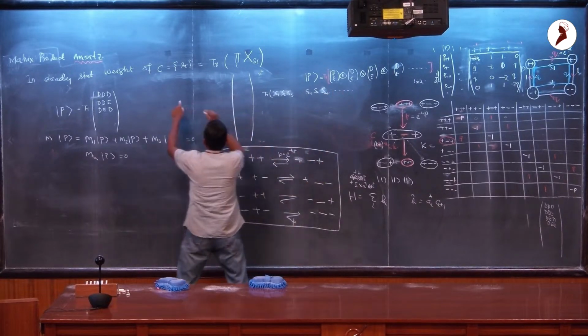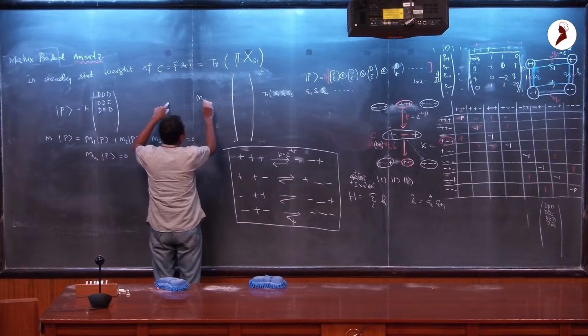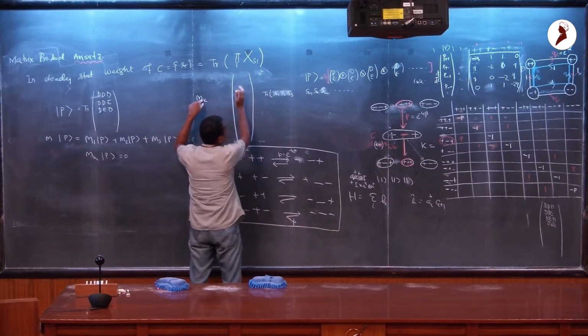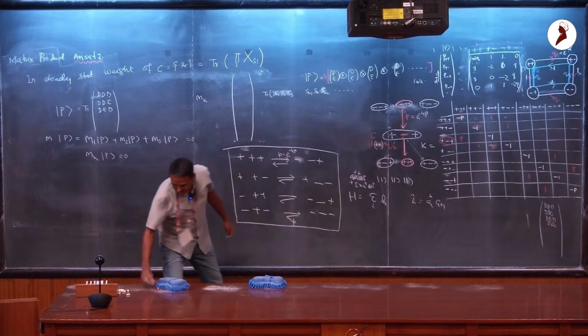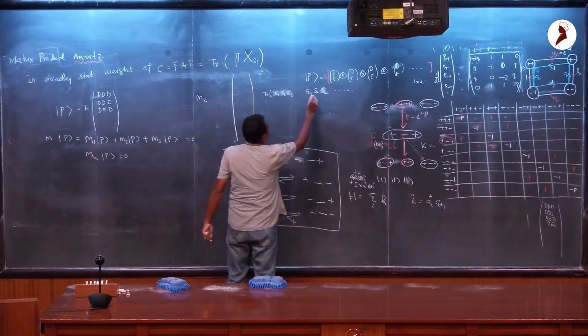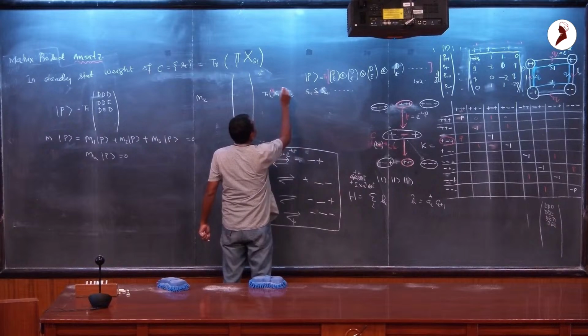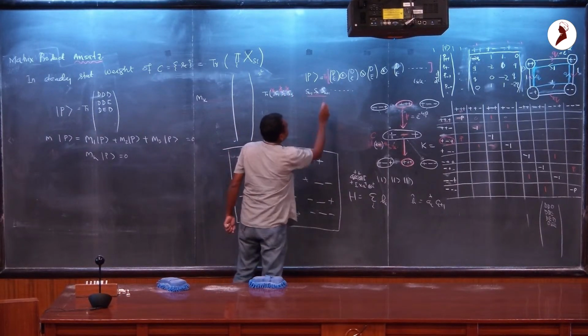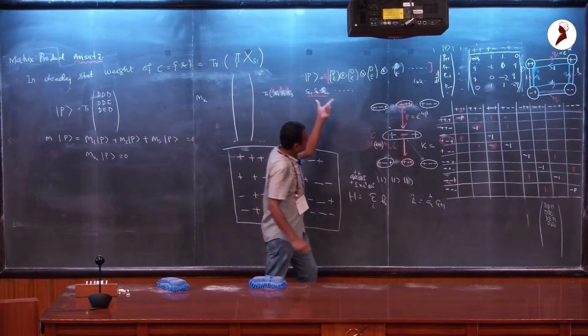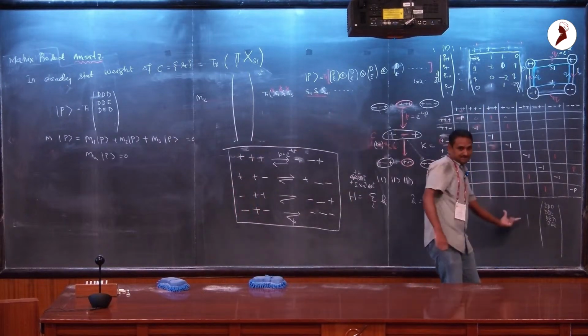So when you have mk, any mk operating on this matrix, then this will operate only in these 3 places. These are all x's, and these 3 places I am specifying because these 3 things are specified by this matrix.